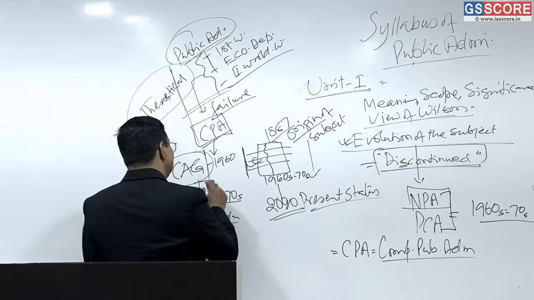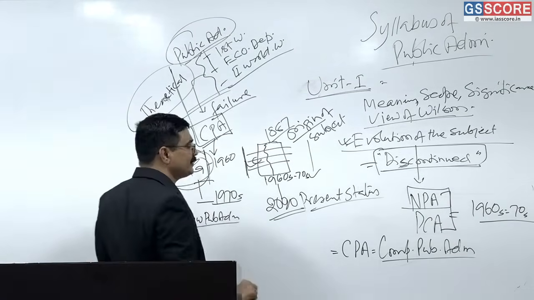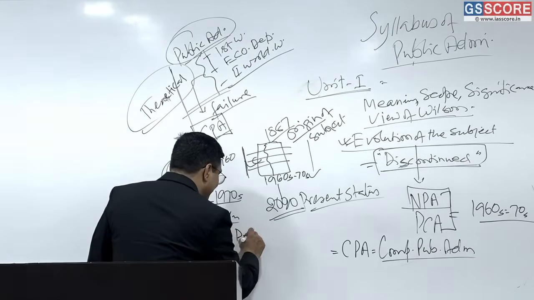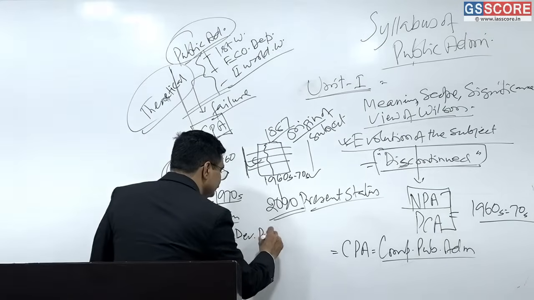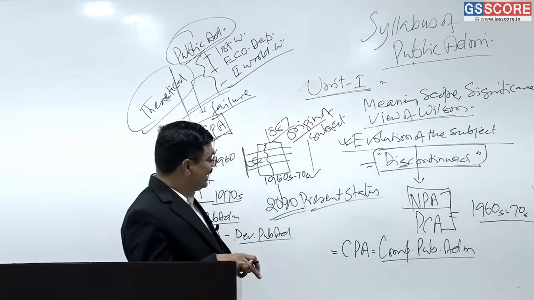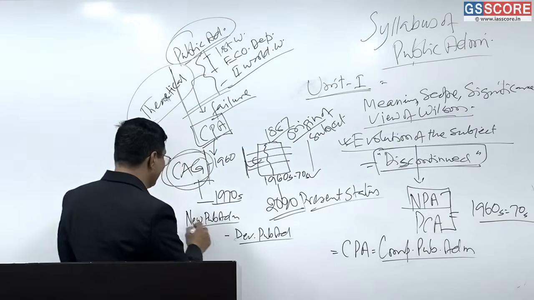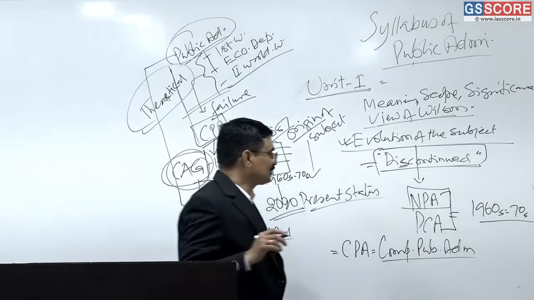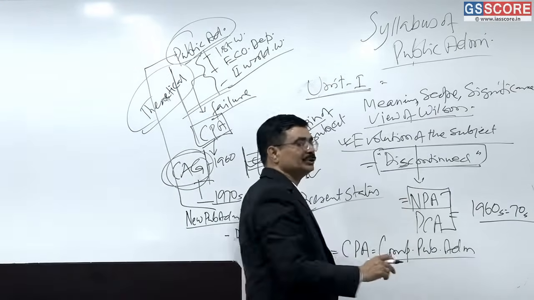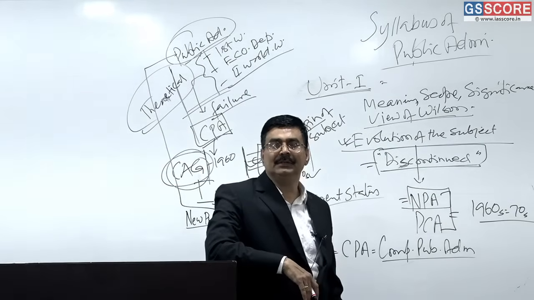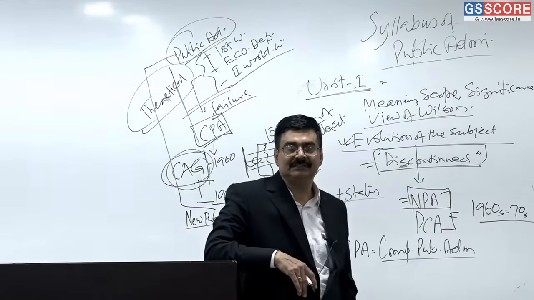As the CAG failed to do, so simultaneously therein DPA, Development Public Administration, evolved. So that way, if without knowing about these conditions of development, if a student starts reading new public administration, it is difficult for him to visualize effectively.